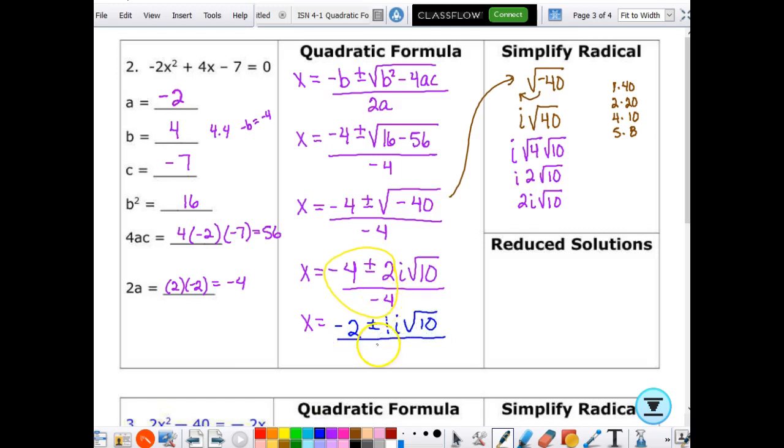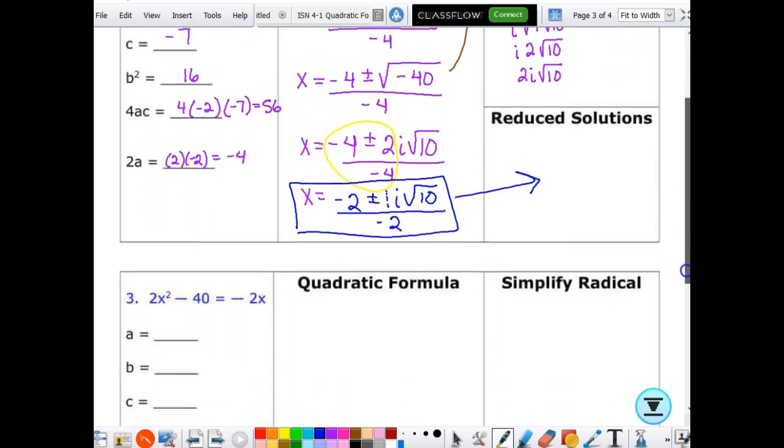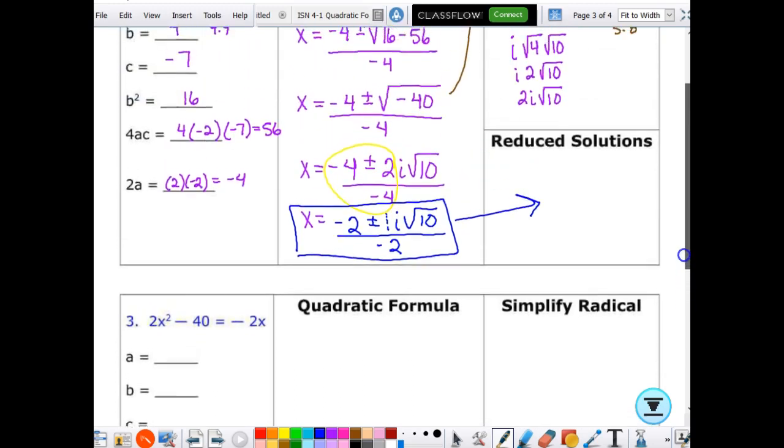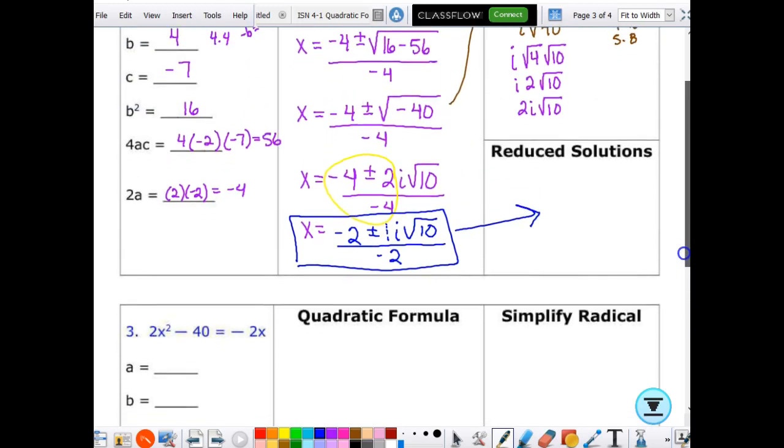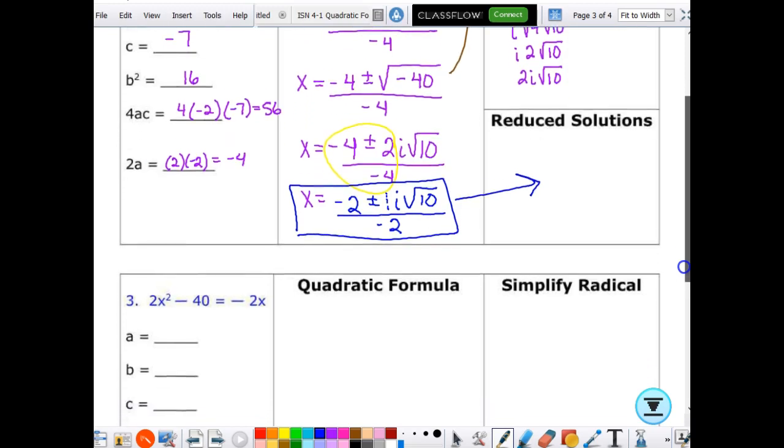And negative 4 divided by 2 is negative 2. Okay? Actually, I probably should have written this over here in this box. Okay?